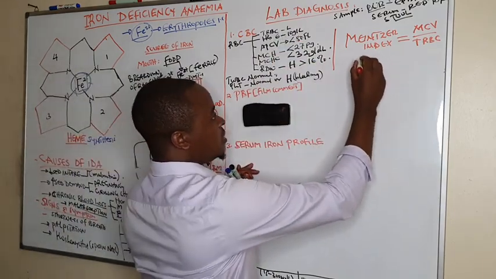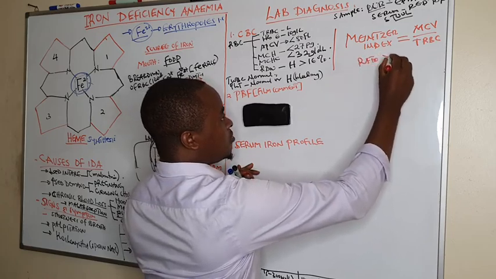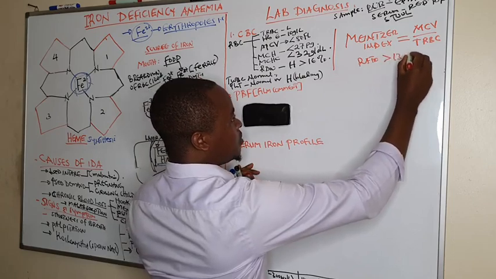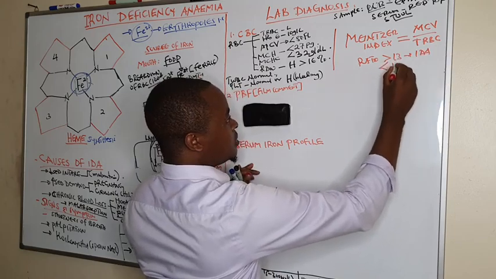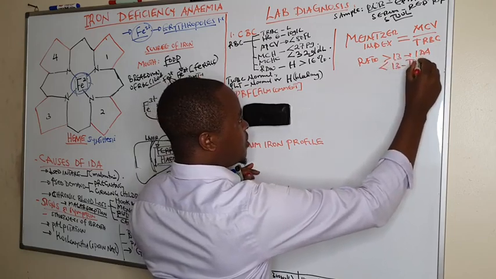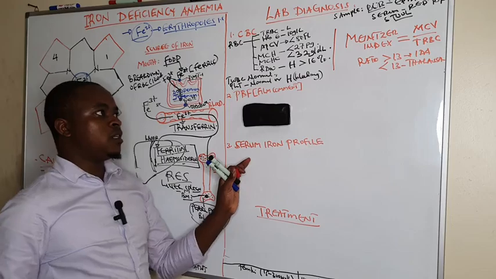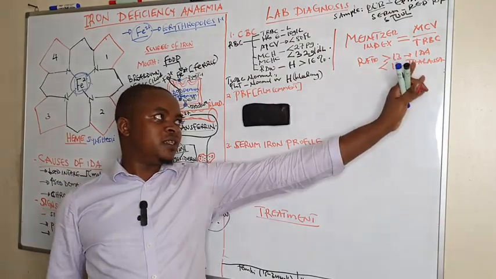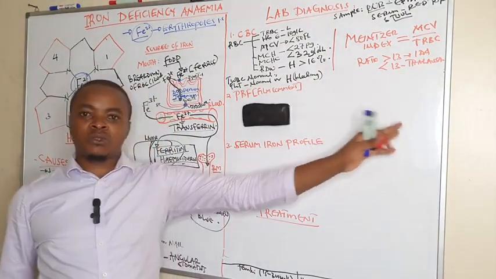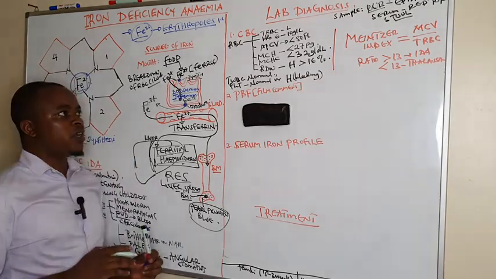You get the ratio, the Mentzer index ratio, greater than 13. This suggests iron deficiency anemia, and less than 13, it suggests thalassemia. So this Mentzer index is used to differentiate between iron deficiency and thalassemias, which are all causes of microcytic, hypochromic type of anemia.